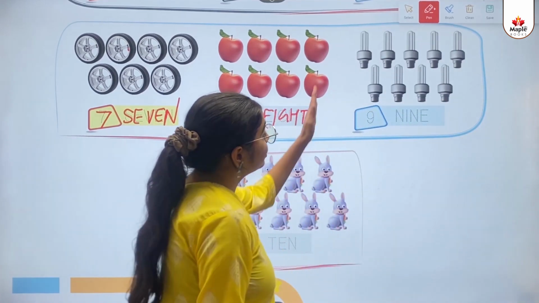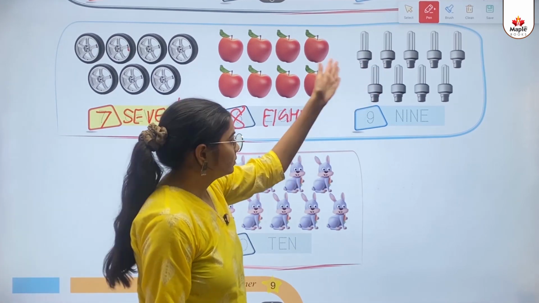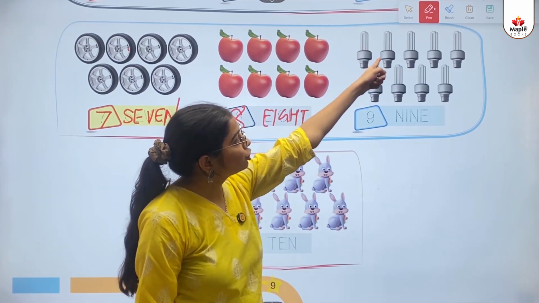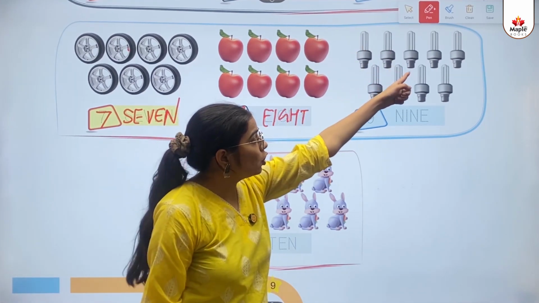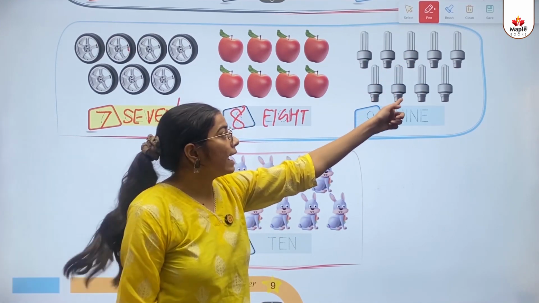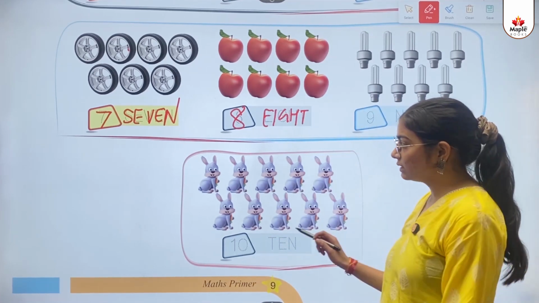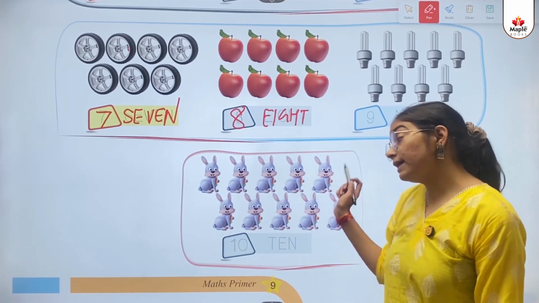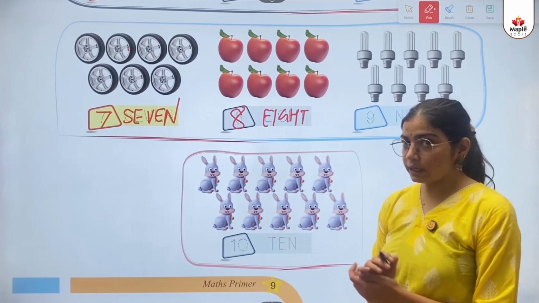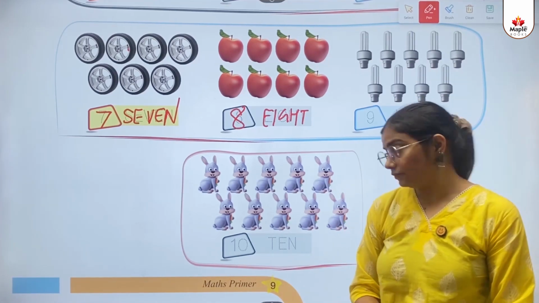Then as you can see, there are 9 bulbs given here. So 1, 2, 3, 4, 5, 6, 7, 8, 9. 9. Then in this picture, as you can see, there are 10 rabbits given. So kids, you can trace the remaining one by yourself.